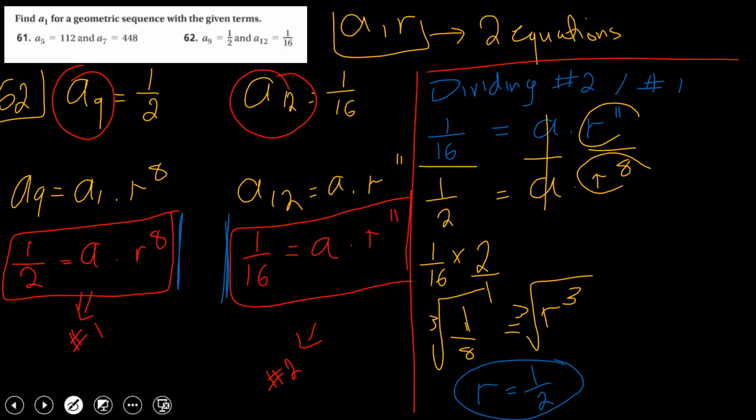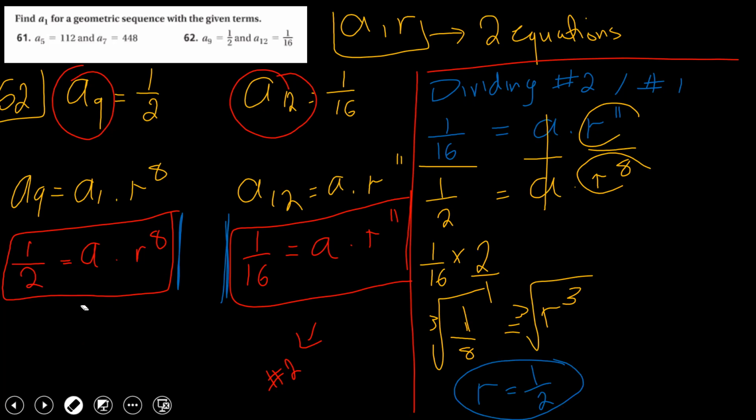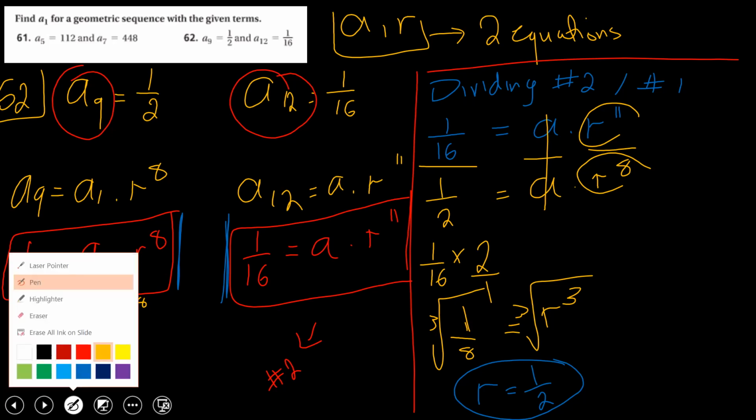After I find r, which is 1 over 2, let's evaluate now in the first equation as an example. Half equals a times r, which is 1 over 2 raised to the power 8. Solving.